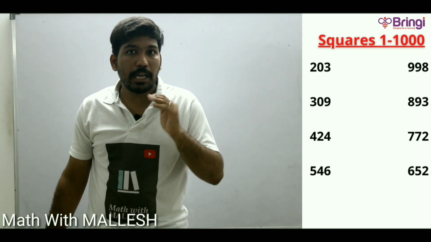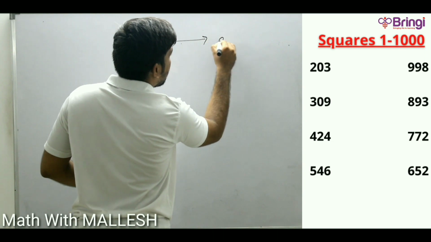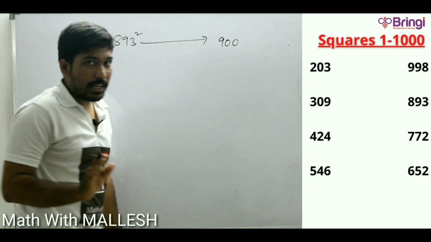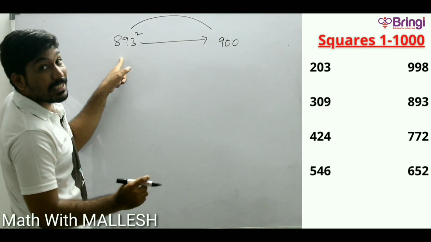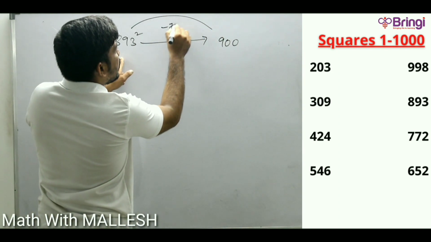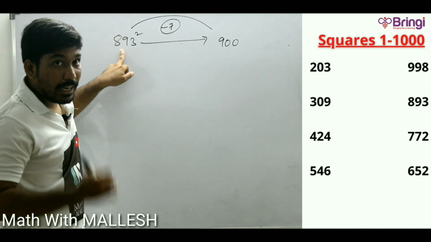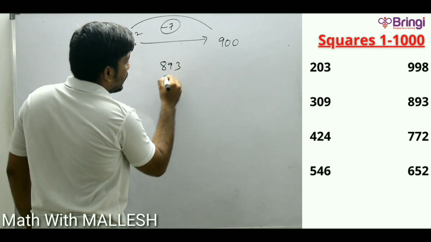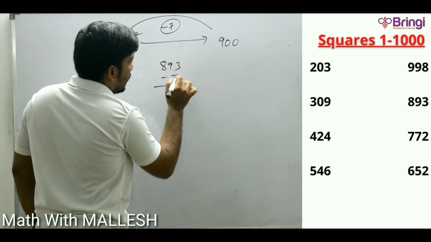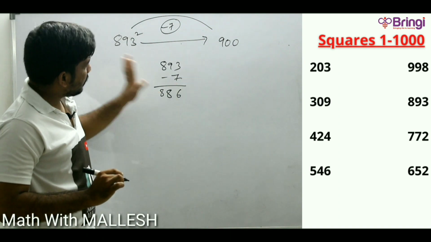So next example I am going to take 893. For this I am taking 900 as the base. For the 900, how much less is it? It's going to be minus 7. Clear? From the 900, 893 is 7 less. So from 893, subtract 7, 13 minus 7, 6, 8, 8. Check 8, 8, 6, perfect.